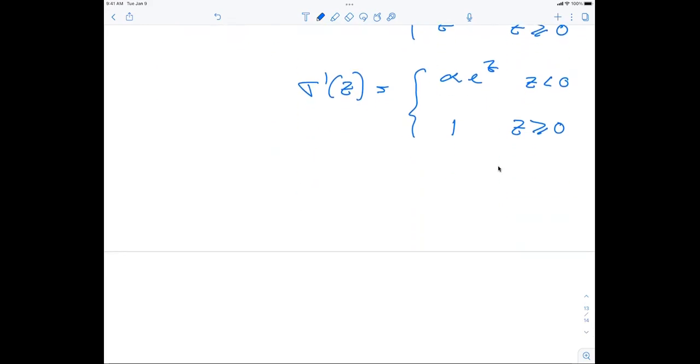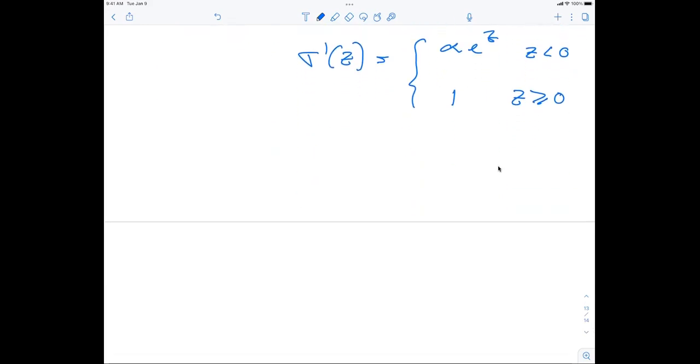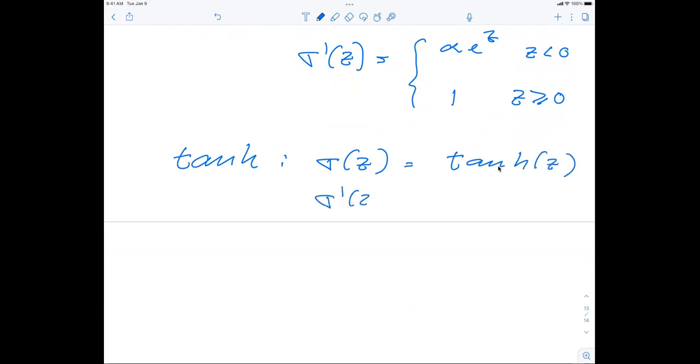Then, just to conclude here, we have two more. The next one is the tanh function. These are the last things which we're going to put up today. This sigma z is just given by tanh of z, and then we know that the derivative of this function is just 1 minus tanh of z squared.